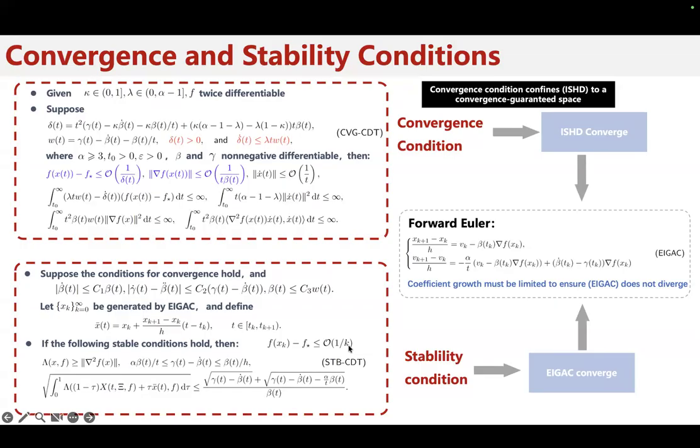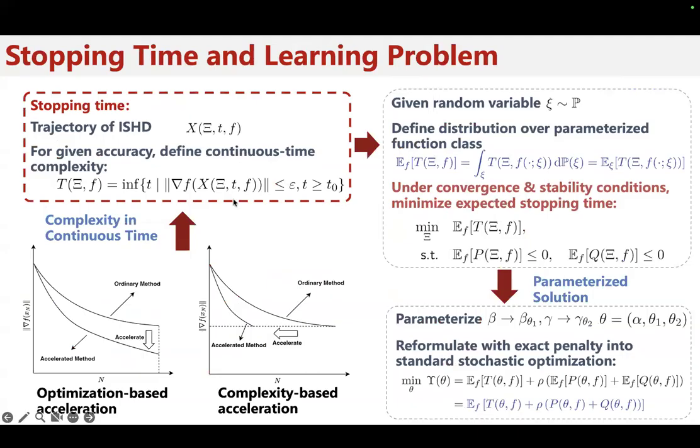Okay, so what is the objective function? For the given problem, when we solve it, we want the norm of the gradient to be smaller than epsilon. And the capital Xt is the trajectory of the ODE. So we define the so-called stopping time: the first time t such that the norm of the gradient is smaller than epsilon.